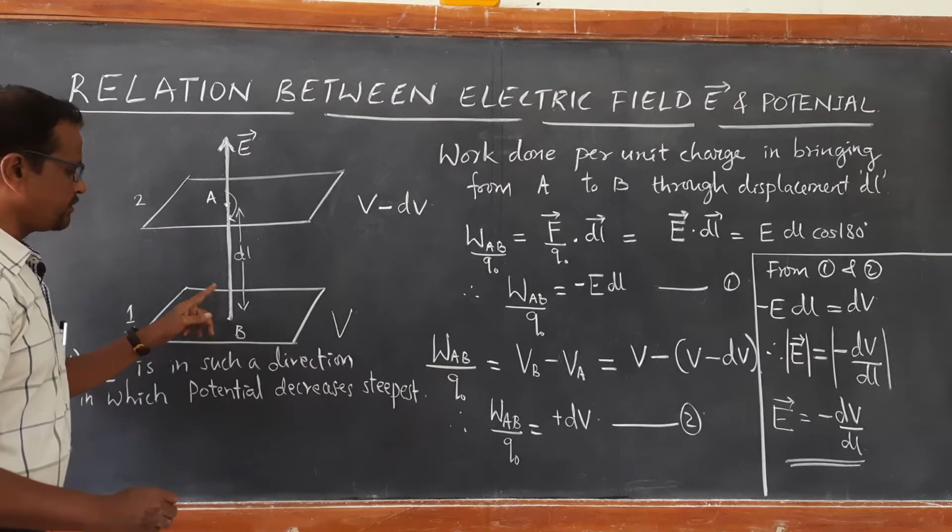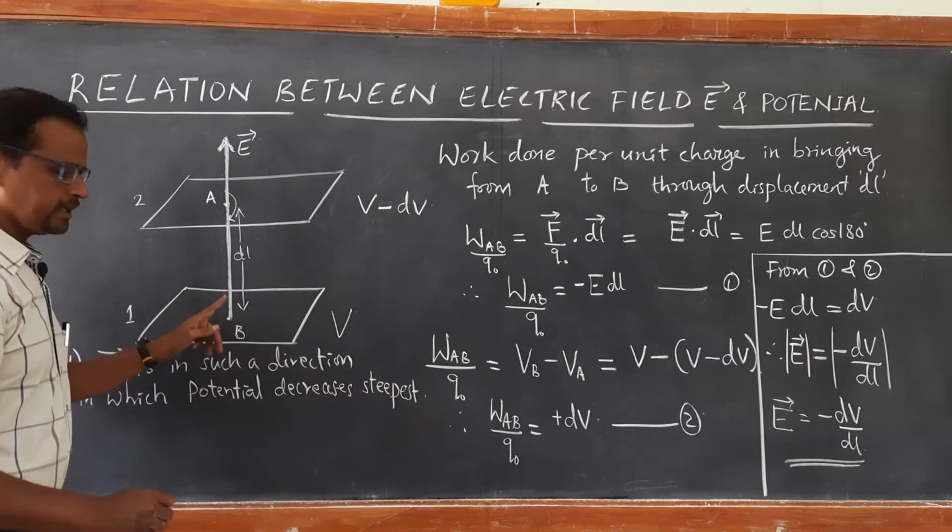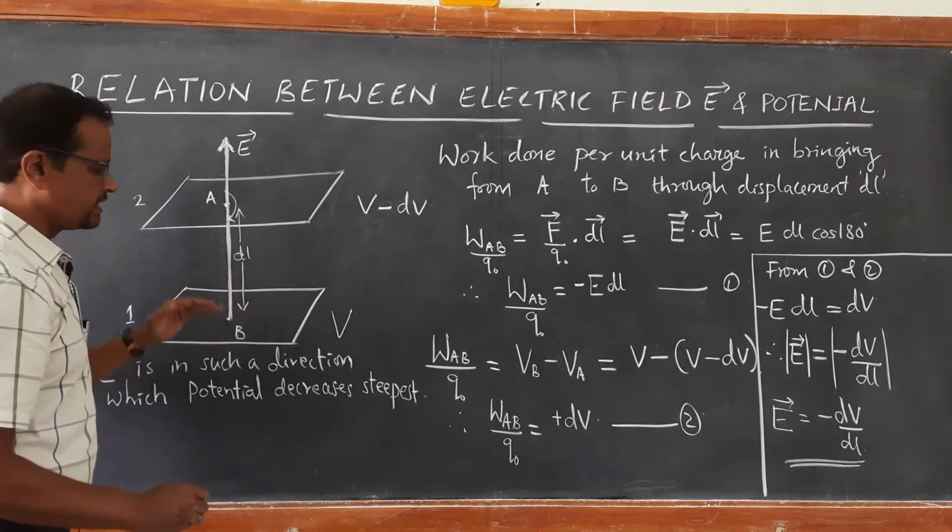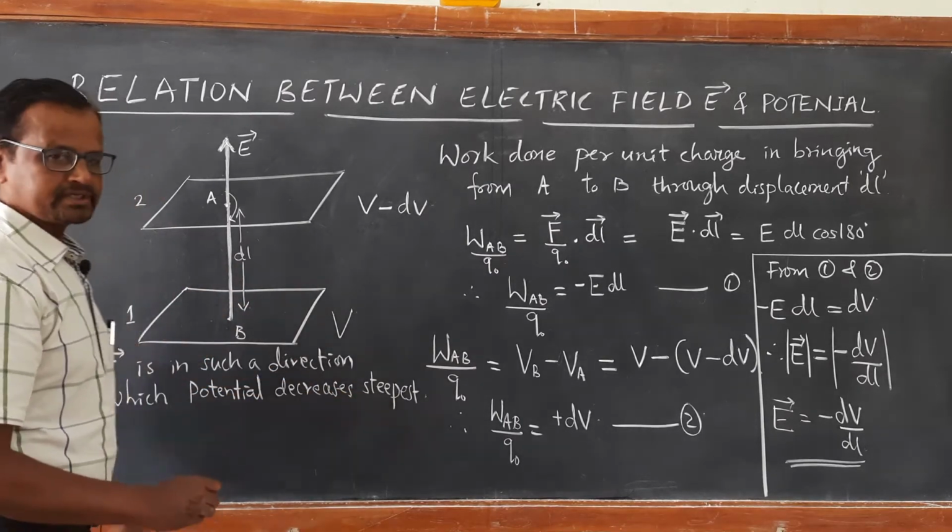From one point to another point, if you go normally, perpendicularly, there is a decrease in potential. That is the meaning of steepest.